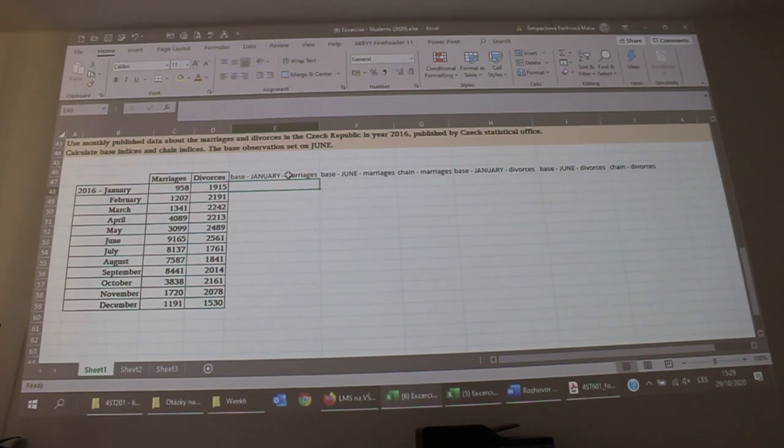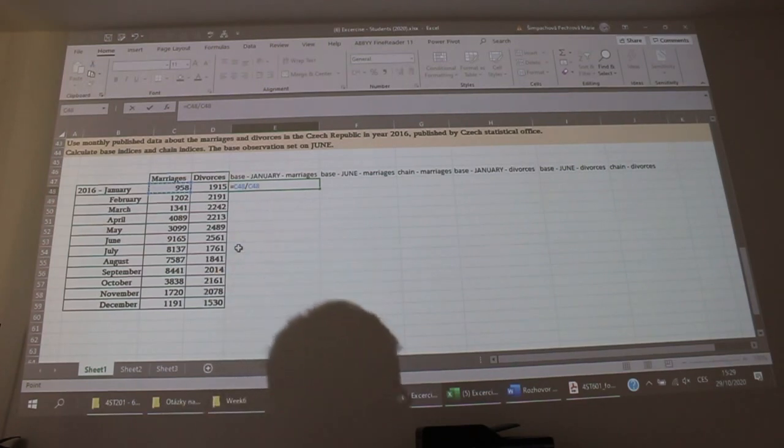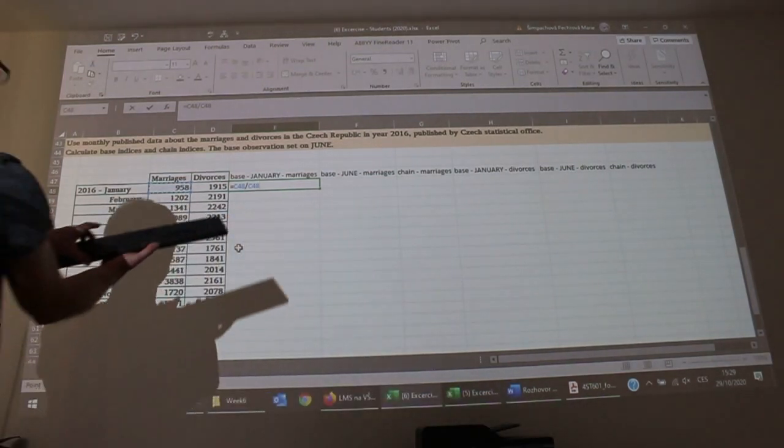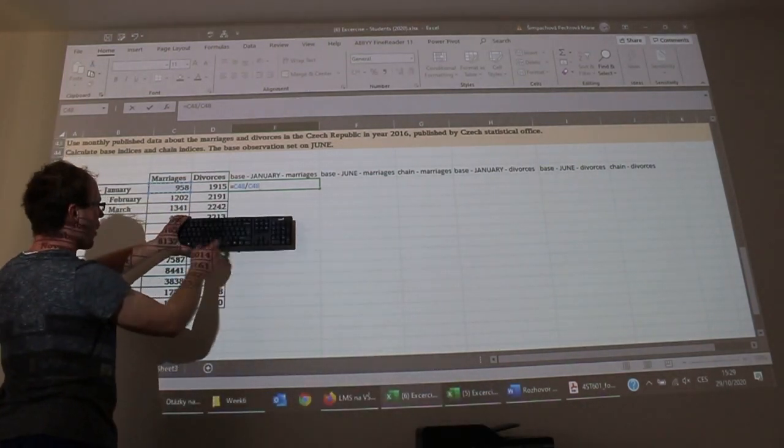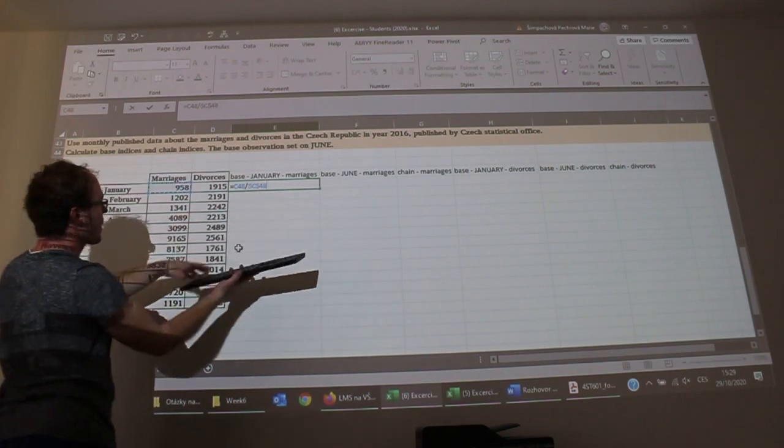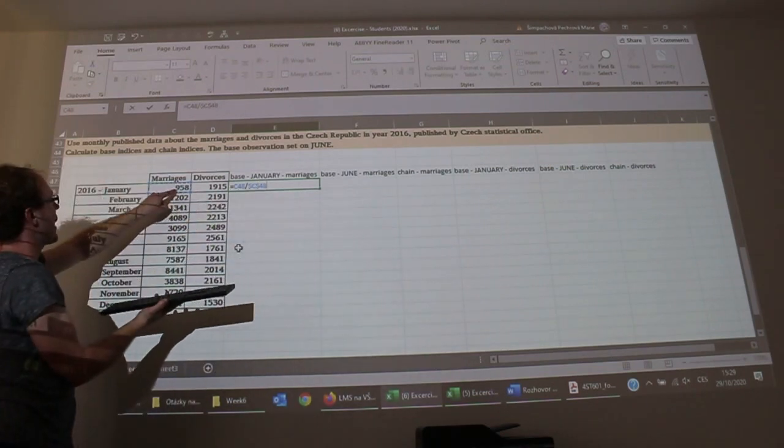Base January marriages. We calculate here: equal sign, base January marriages divided by the base marriages, but you will use function 4 to lock the base.